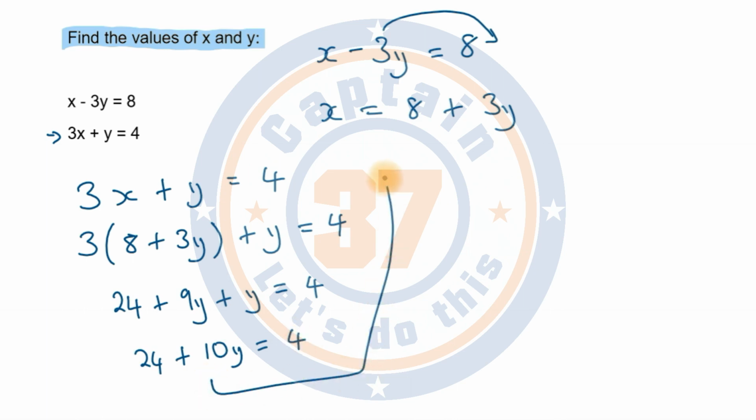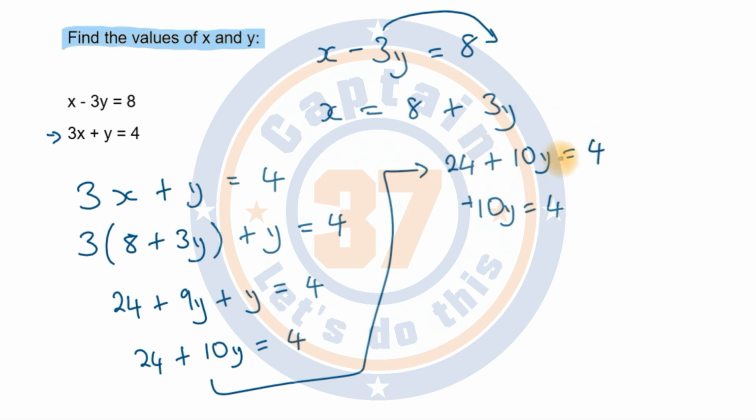Let's continue on this side where we have more space. So what we have is 24 plus 10y is equal to 4. We take this 24 over the equal to sign. Remember, this 24 is a positive value.